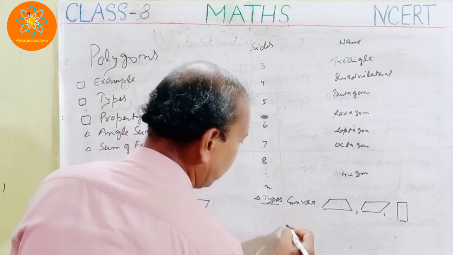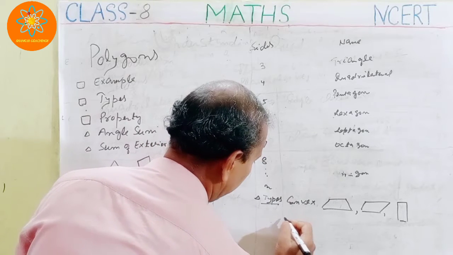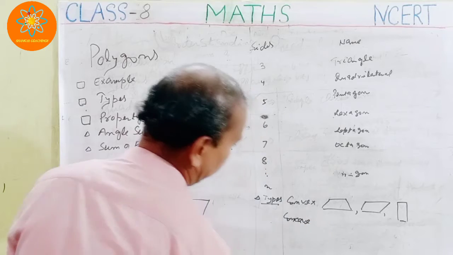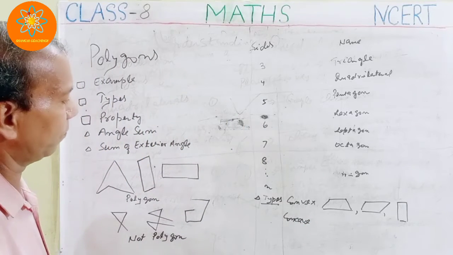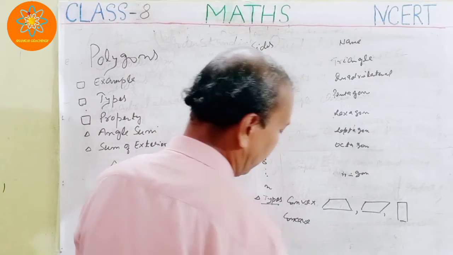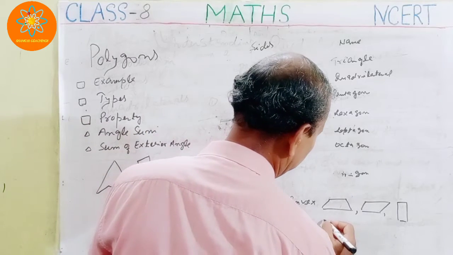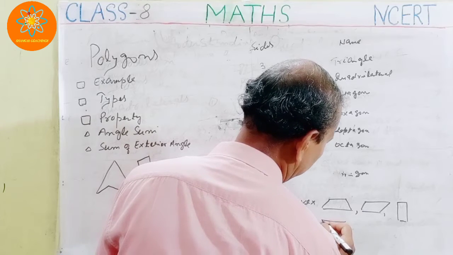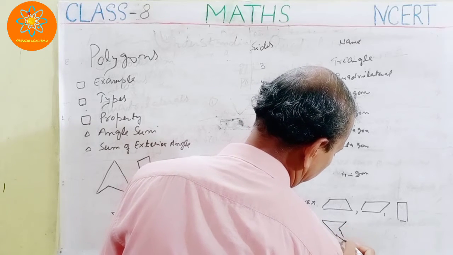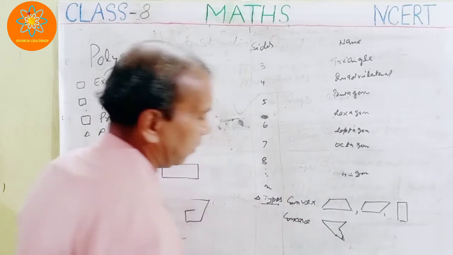Next one is a concave polygon. So in the concave polygon, we have like this. These all are the concave polygons. This is the concave polygon.